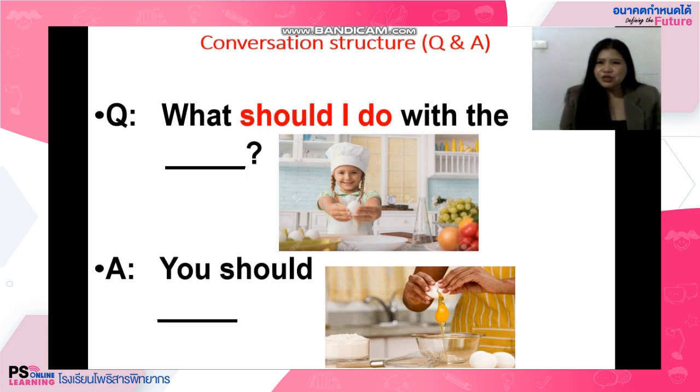What should I do with the egg? Or you can say, what should I do with the eggs? It's okay if you say egg or eggs. But remember, if you use egg, you have to use it for the answer. If you use eggs, you have to use them in your answer.